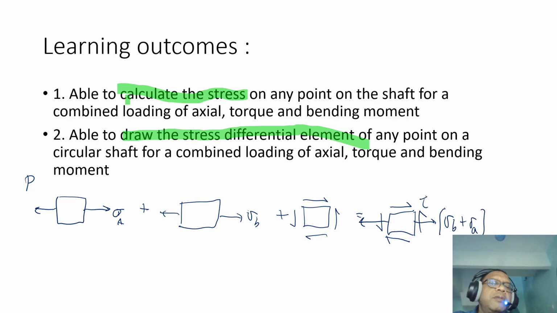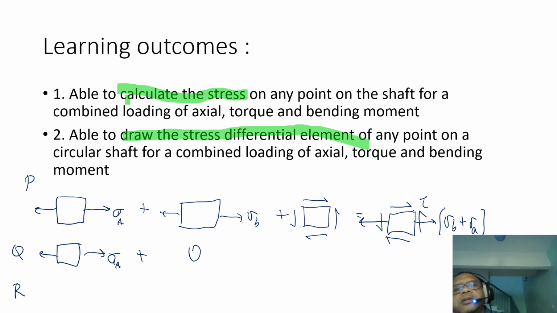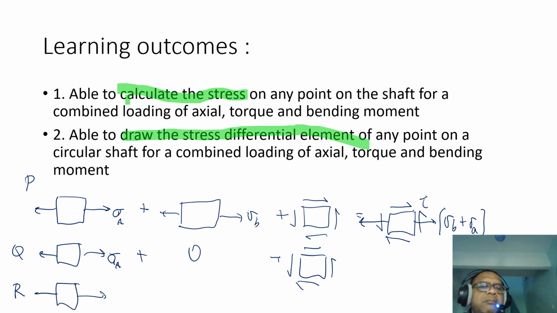And you can repeat the same thing for Q and R. The special thing about Q is that you only have axial stress, but you don't have bending stress, and you have a shear stress. Okay. And at R, because it's at the bottom, sigma A is again the same, but the bending stress is compression and shear stress is the same.